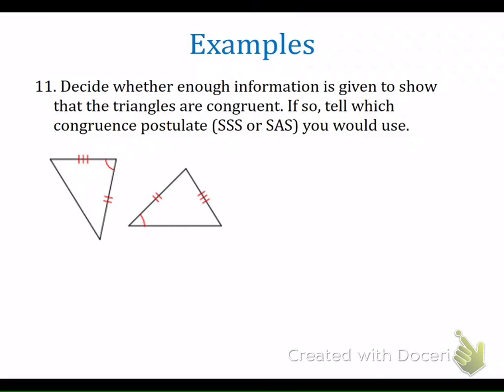What are these tick marks? Sides. And this is an angle. Do these angles match? No. So this is a no. Neither. We cannot prove that those triangles are congruent at the moment.